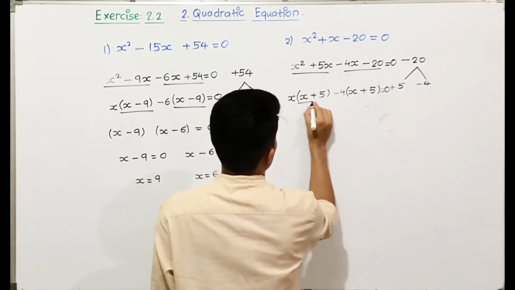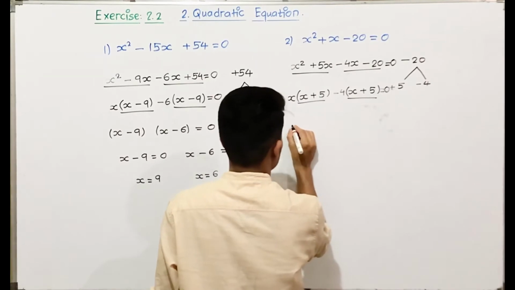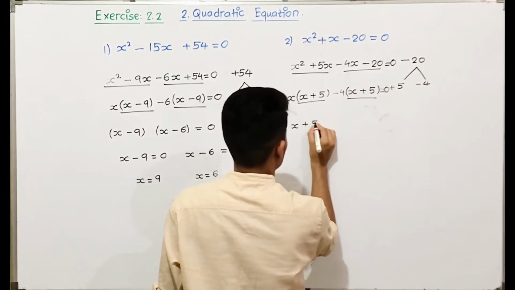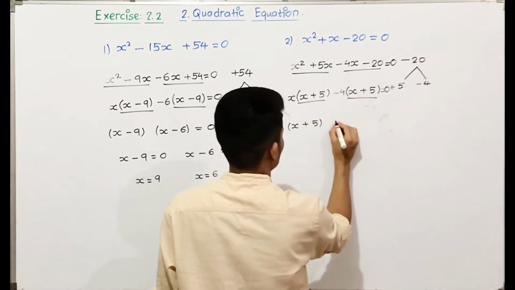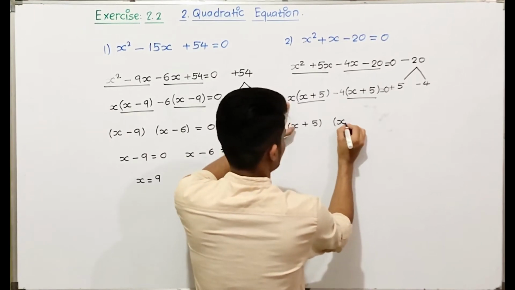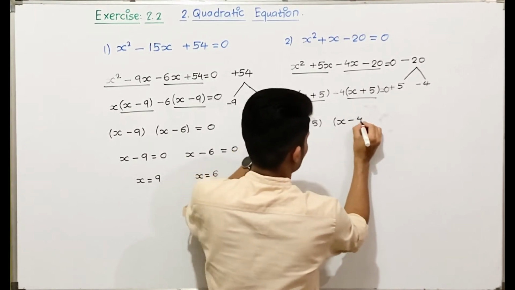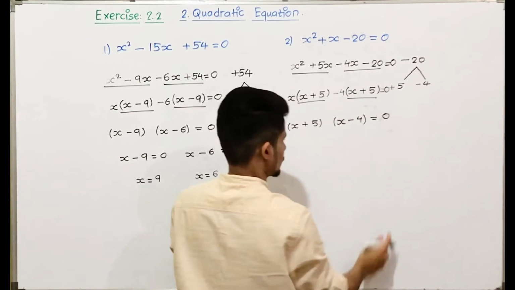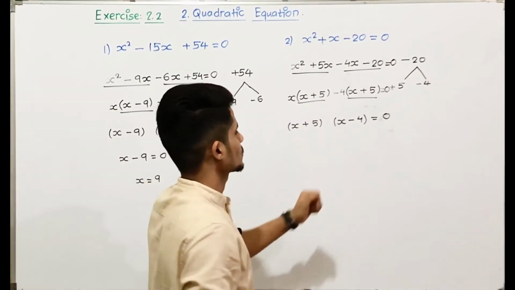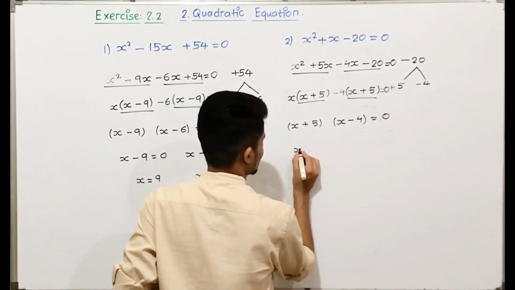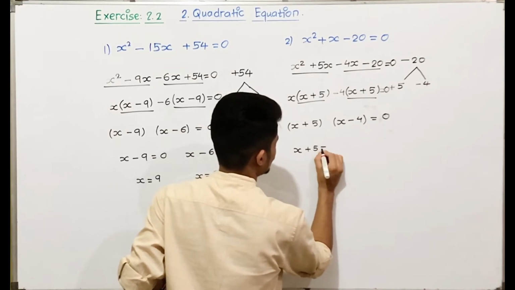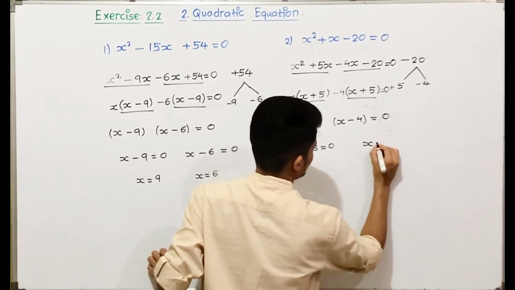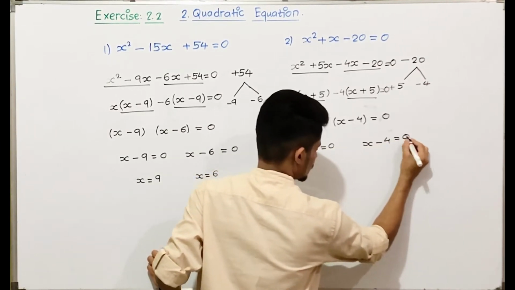Now x plus 5 is common, x plus 5 and the remaining is x minus 4 is equal to 0. Now we'll equate these two with 0, that is x plus 5 is equal to 0 and x minus 4 is equal to 0.